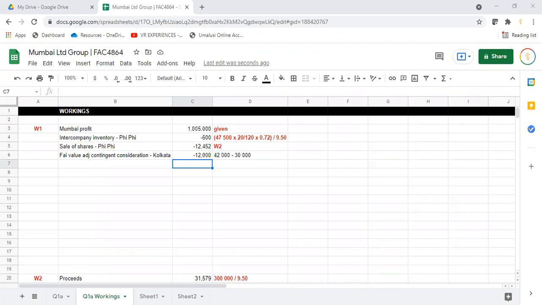So once again, like I told you, any fair value adjustment at acquisition eventually gets reversed in future. So over here with inventory, the inventory fair value adjustment at acquisition gets reversed once sold or once written down. Okay, so whichever way.